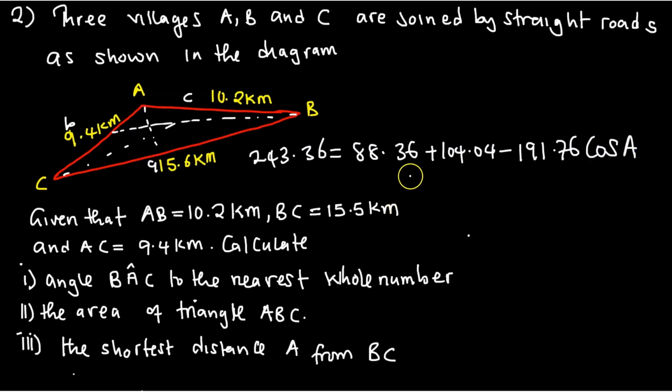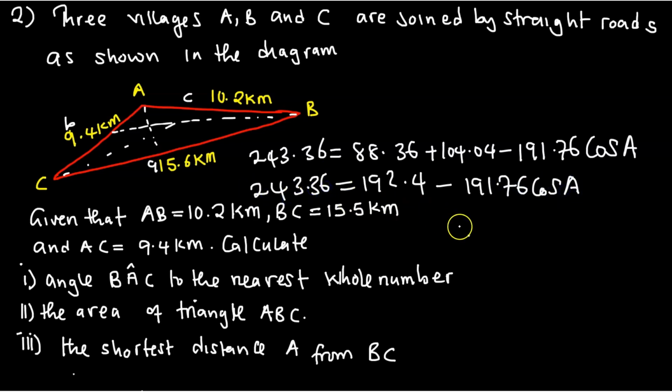Now when you add these, they are giving me 192.4. So 192.4 minus 191.76 cos A. But here remember we have 243.36.